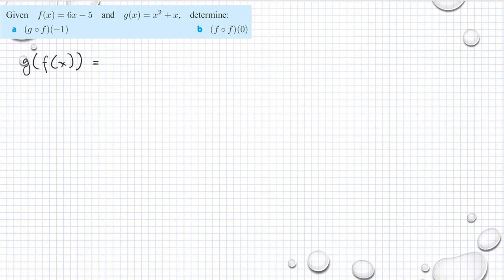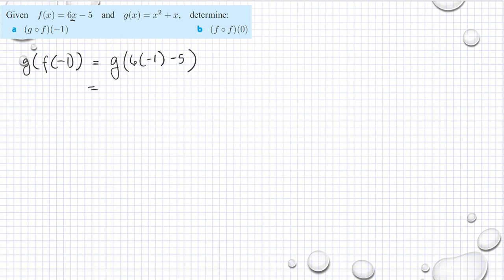So f of negative 1 is 6 times negative 1 minus 5, which is negative 6 minus 5, negative 11.